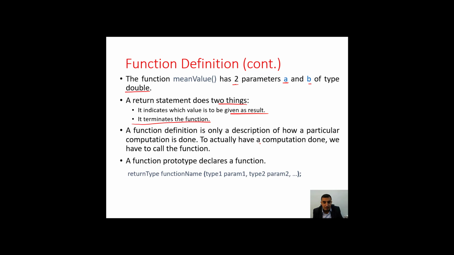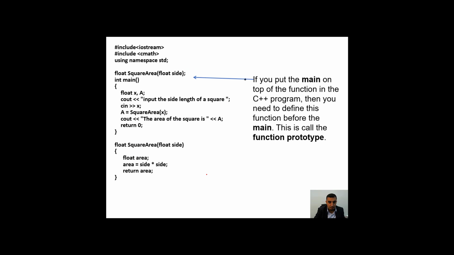To actually have the computation done, we have to call the function. A function prototype declares the function: the return type, the function name, and the parameters. Now, this is a function that will calculate the area of the square. Look, this is called a function prototype.